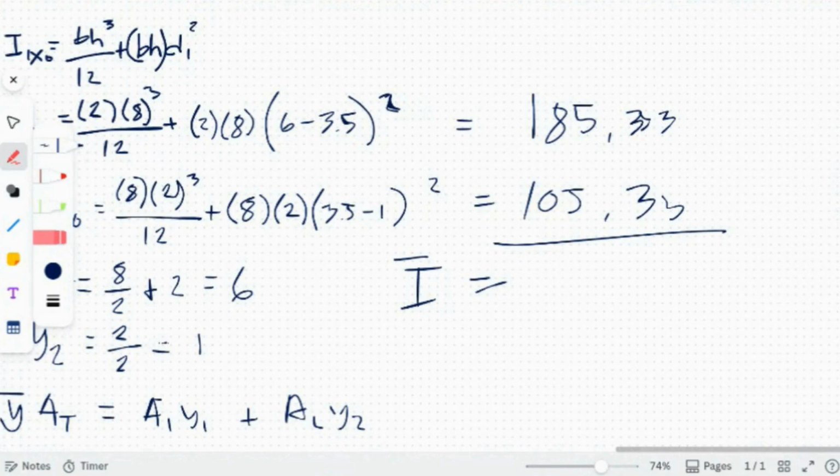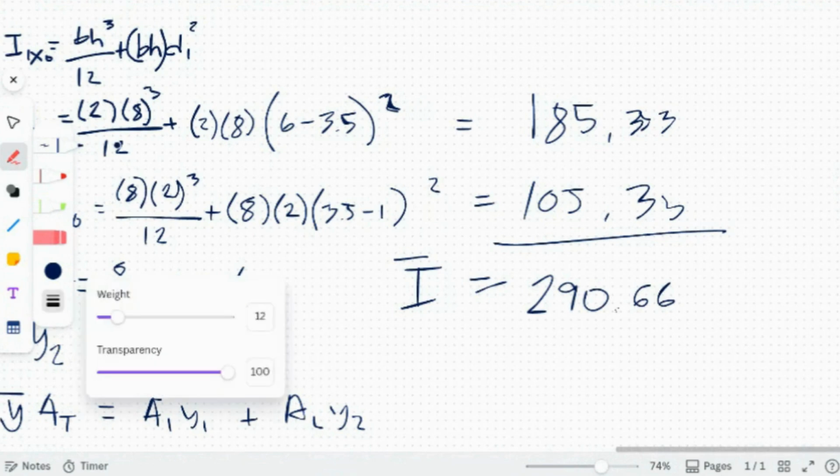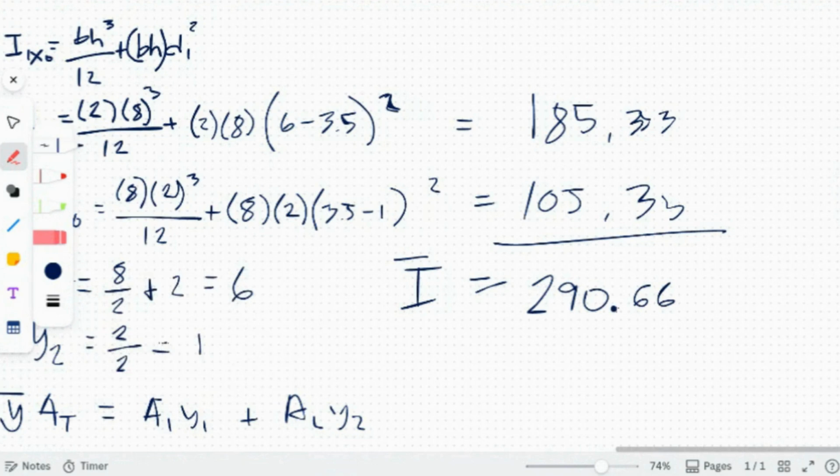We get 290.66. Yeah, the dot is a bit small. There.